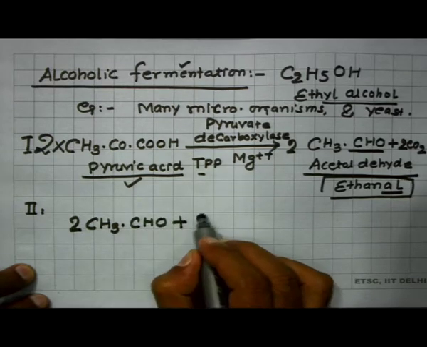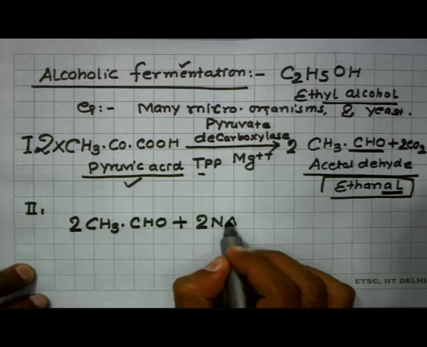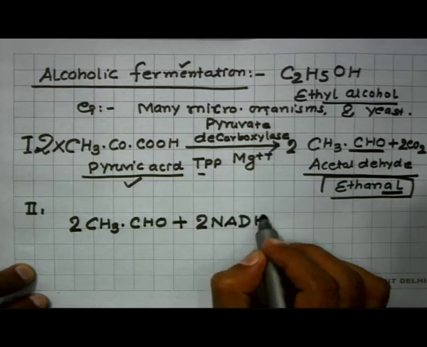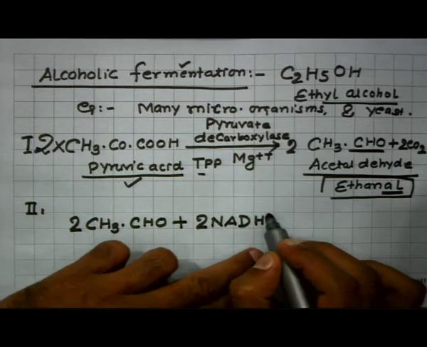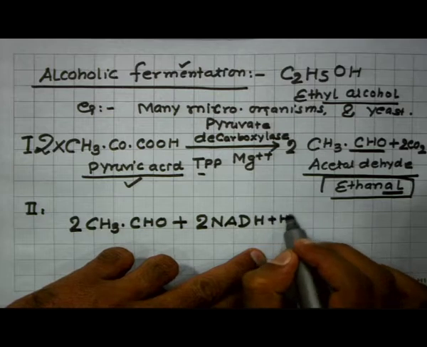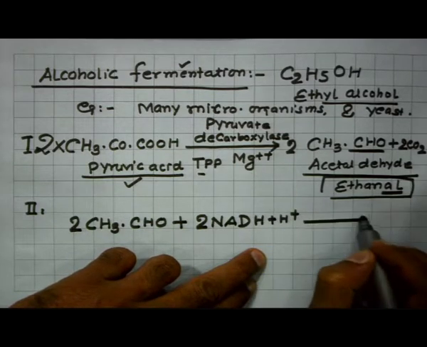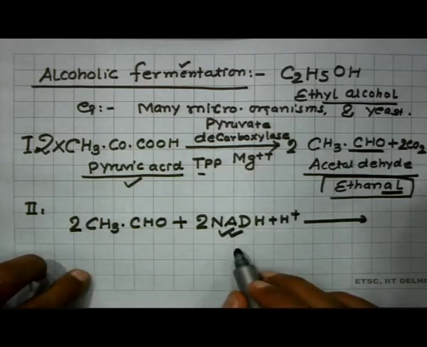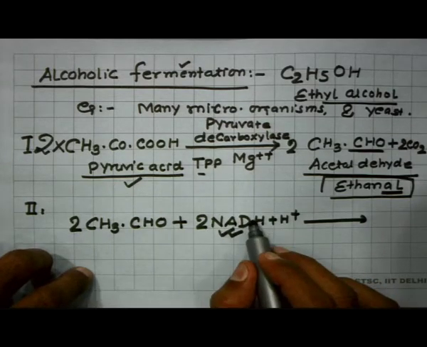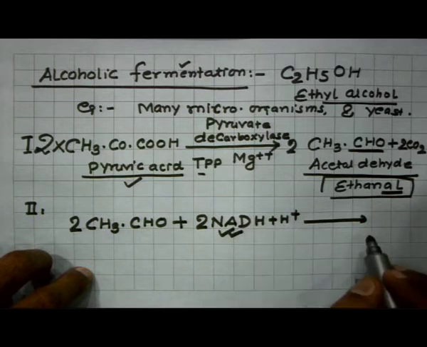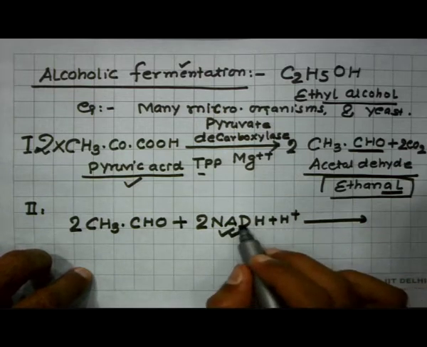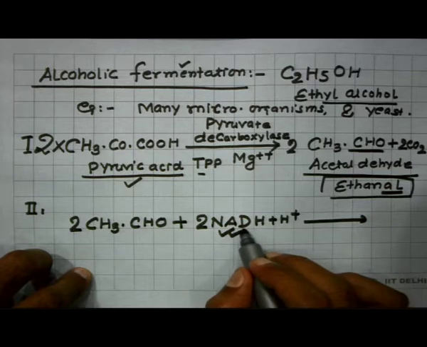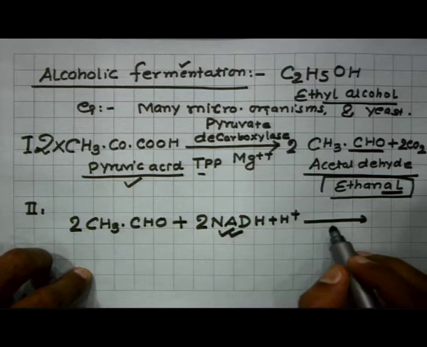2 molecules of acetaldehyde combine with 2 NADH2, which is the product of glycolysis. In one step of glycolysis, the NAD combined with the proton and formed NADH2 H+.